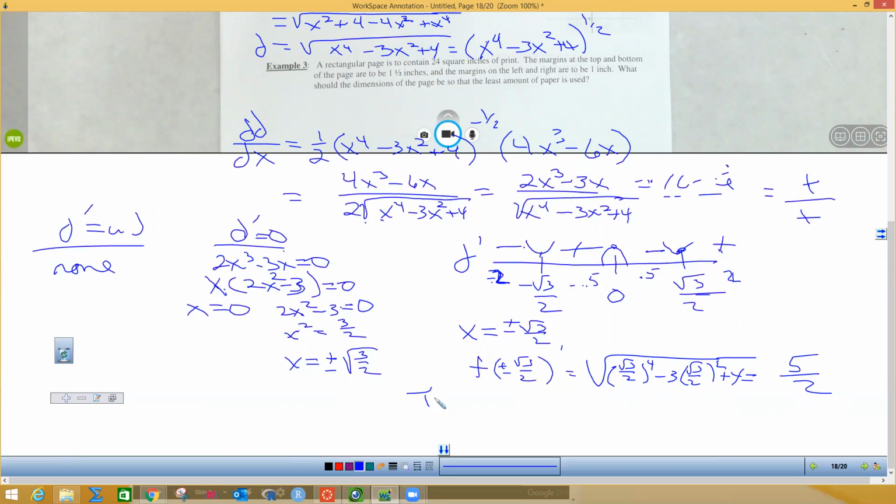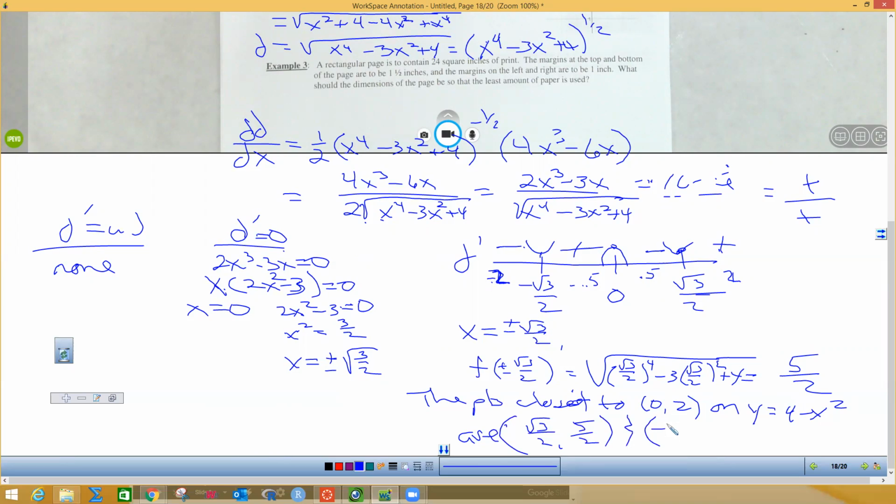So the points closest to 0, 2 on the graph y equals 4 minus x squared are radical 3 over 2, 5/2, and negative radical 3 over 2, 5/2.